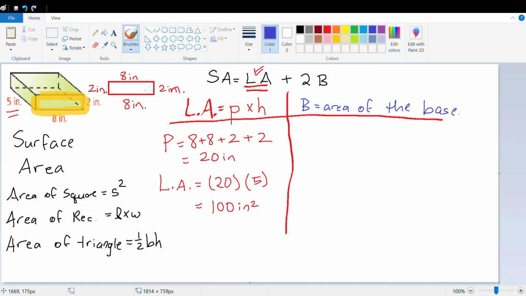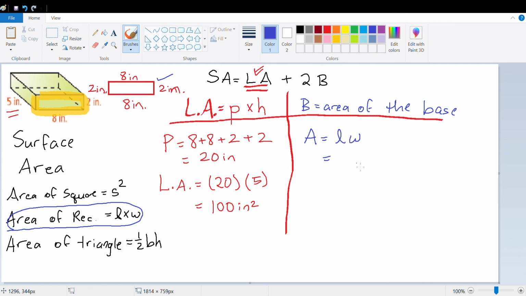So I'm still working with the same rectangle again, but instead of finding the perimeter or adding up all the sides, I'm going to use one of my area formulas. Just looking at this, it's a rectangle, so I'm going to use the area of a rectangle formula. So the area of the same base is going to be length times width.